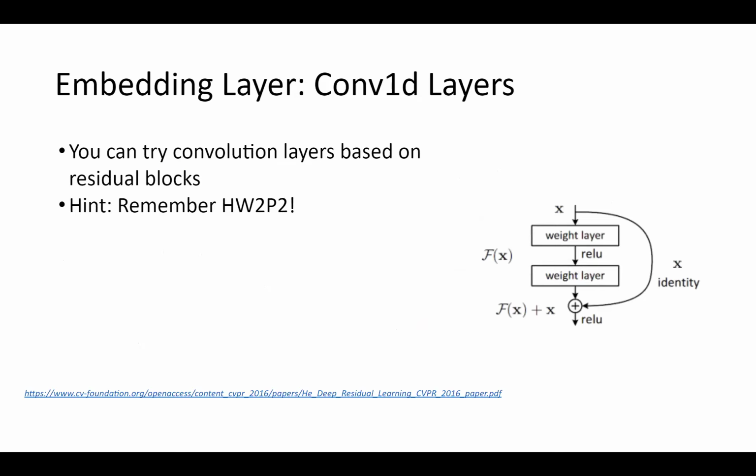Another thing that we can try is residual blocks. When we are working with 1D convolution layers in the embedding layer, people often use 2 or 3 consecutive layers, or follow a pattern like convolution followed by batch normalization and ReLU, and then repeat it.